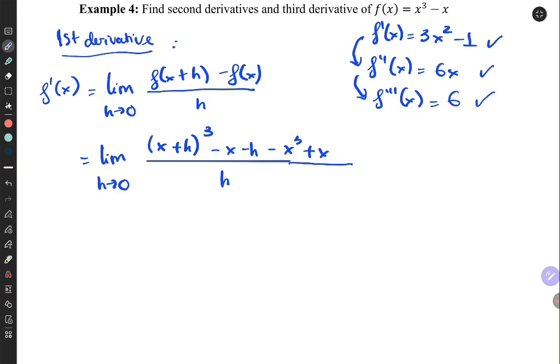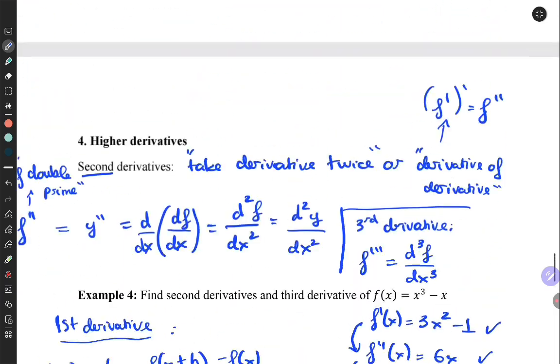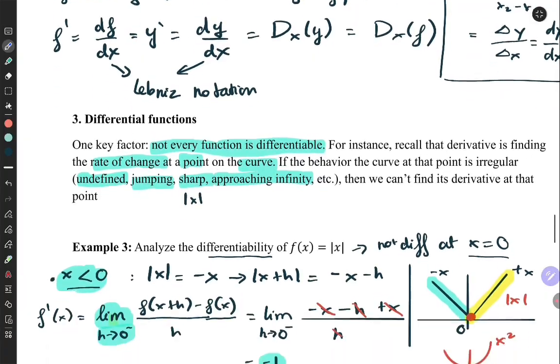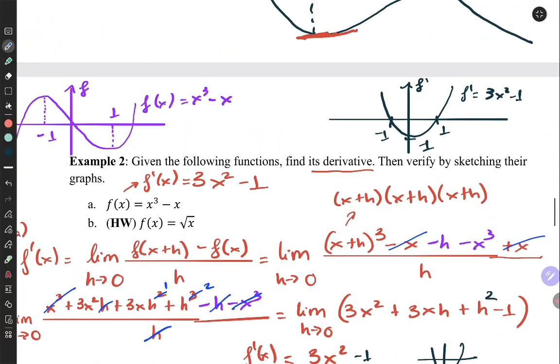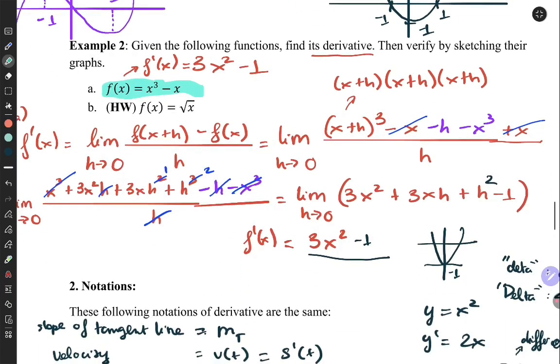If you look closely, or if you recall, last week we did this example right there. Last week we did the first derivative already. I just recycled the problems.